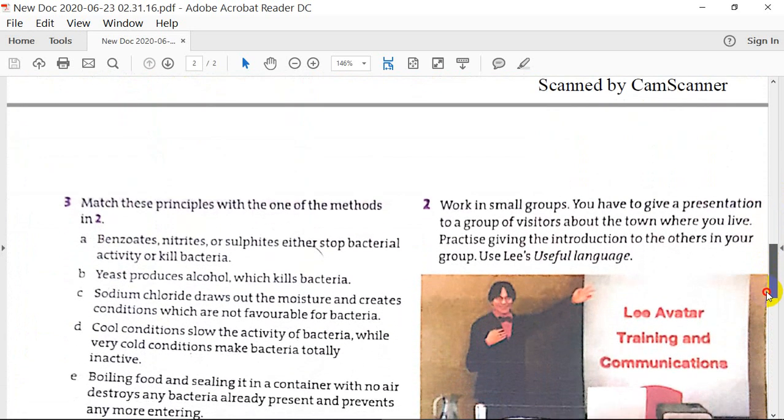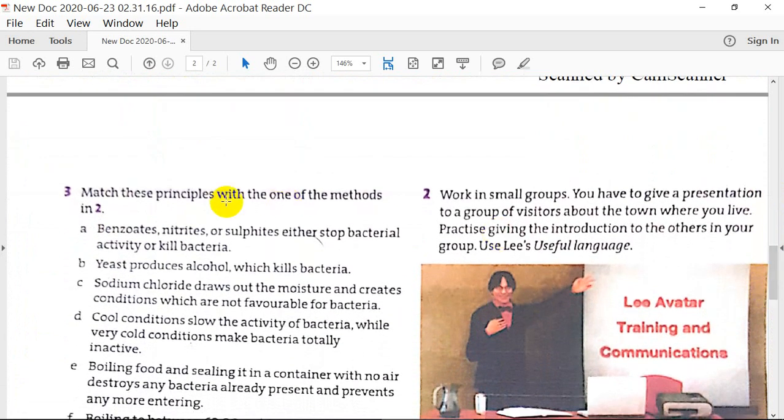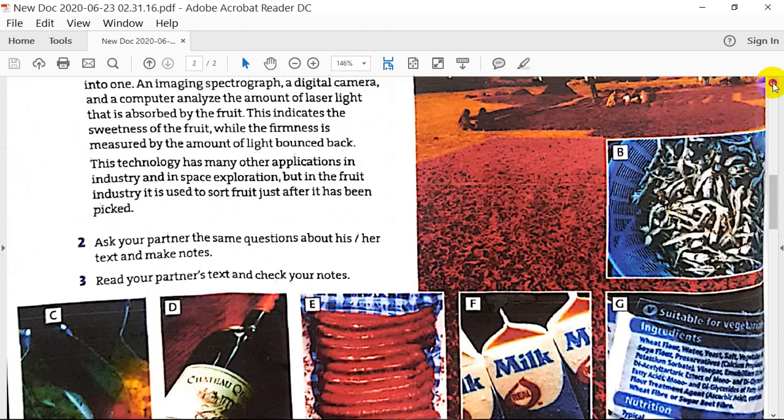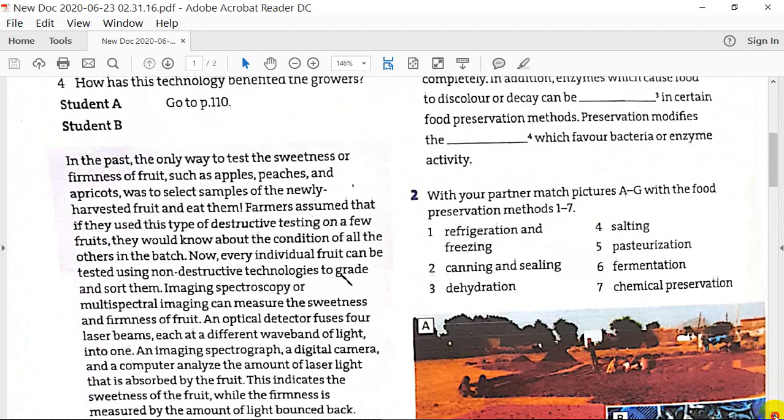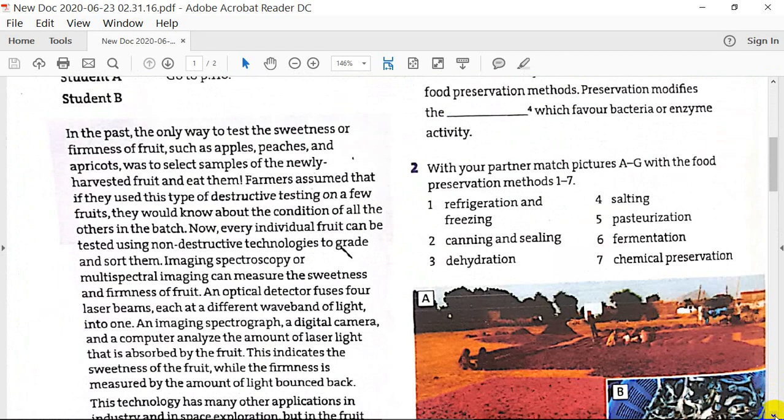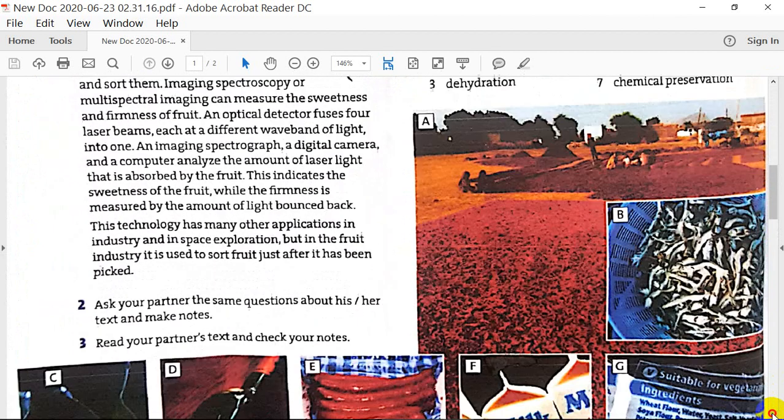We can find what? Match these principles with one of the methods. So this is related to the exercise that I explained on this page about the 7 ways of preserving food, to save food or keep it fresh.